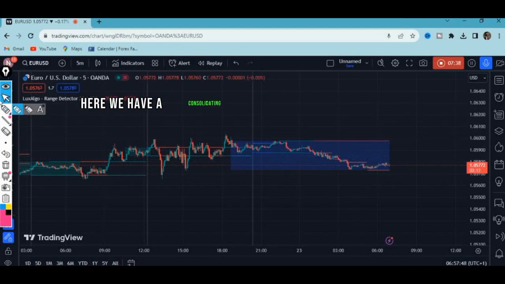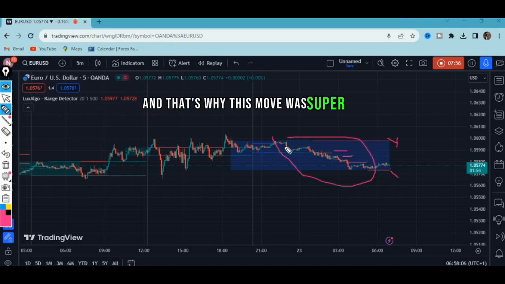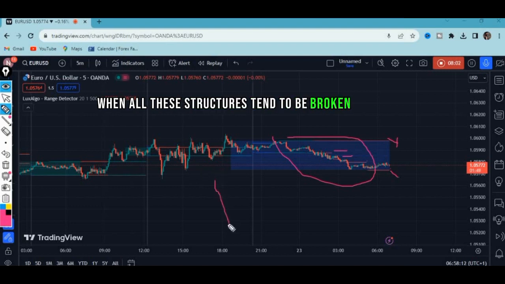Here we have a consolidating market happening over here. We have our resistance level and support here, and you can see they are super far from each other, and you can see that once it is broken below, it shows us a continuation to the downside, and that's why this move was a super aggressive move. When all these structures are broken below, it will be a push to the downside.